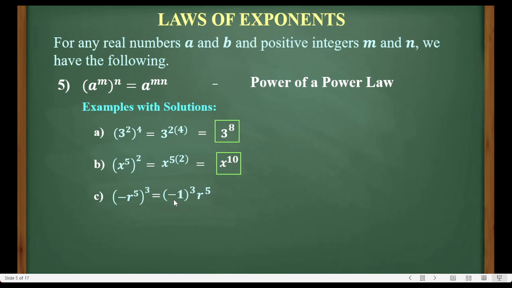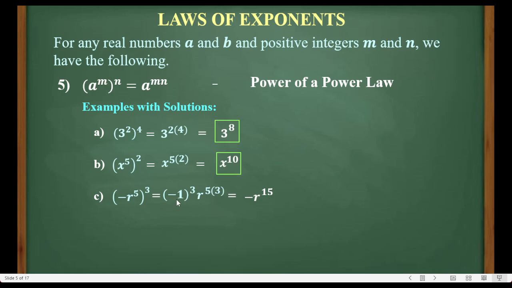Negative 1 cubed, when we evaluate this, it will give us negative 1, followed by r to the 5th. And then we multiply that by 3. So that it will give us negative r to the 15.